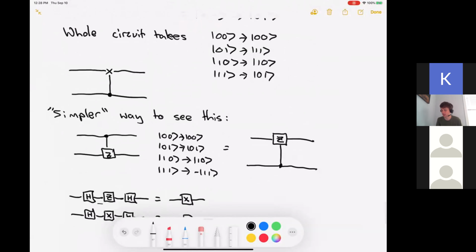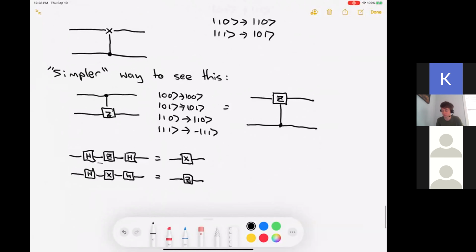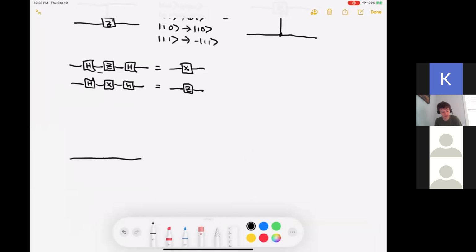Now let's start with our simple CNOT circuit here that has the control qubit on the bottom, target qubit on the top. We can rewrite this controlled NOT as a controlled Z with Hadamards either side of the Z. Why does this work?